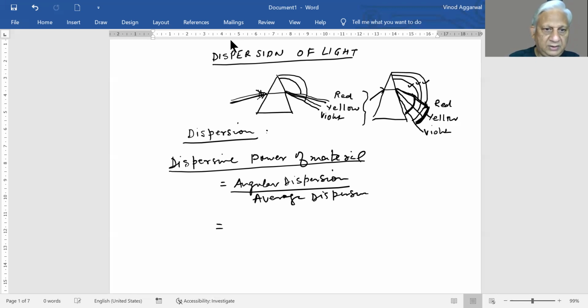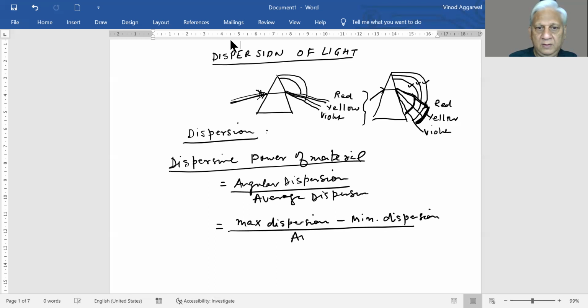This can also be defined as maximum dispersion minus minimum dispersion divided by average dispersion. When we say maximum to minimum, we are talking about this difference.